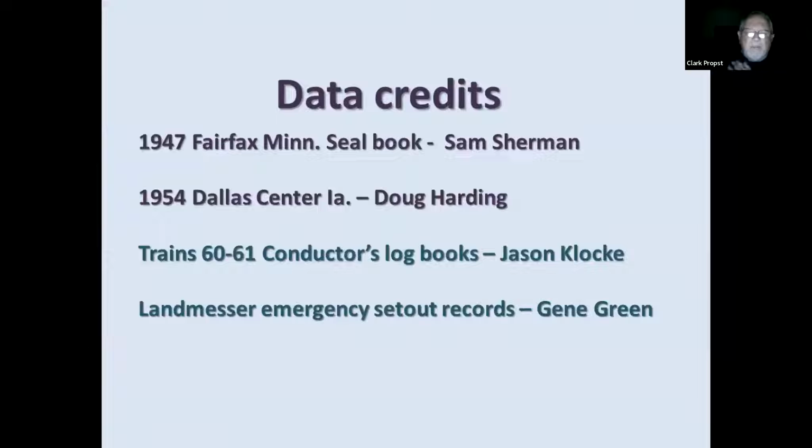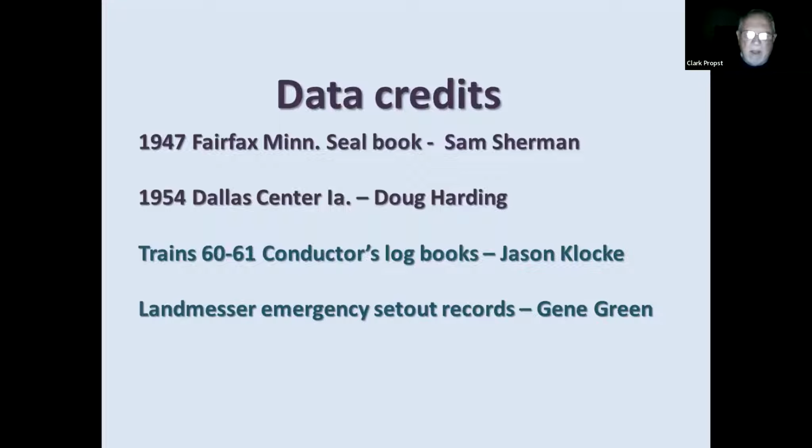I'm going to show some information that was taken from 4 different lists. One for Fairfax, Minnesota, a seal book, an ace book from Dallas Center, Iowa, and a conductor's log, basically from southeastern Minnesota.